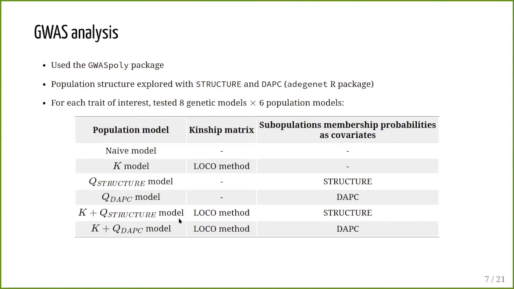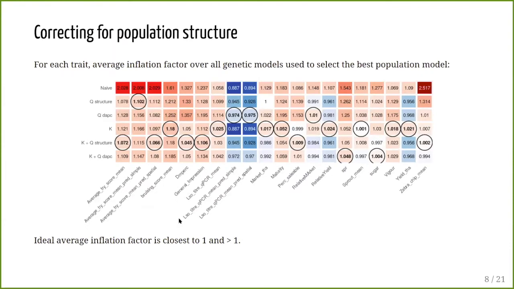That's way too much. The reason why we did that was that we wanted to select, for each of the phenotypes, the best model that corrects as well as possible for the impact of population structure. In order to do that, we computed the inflation factor of the GWAS scores for each of the GWAS models.